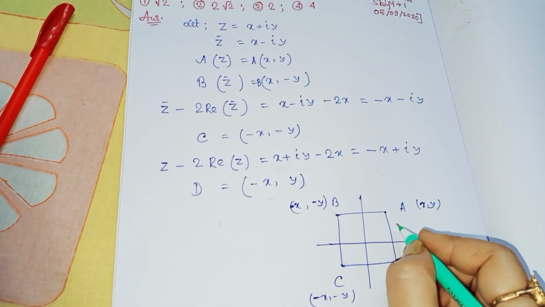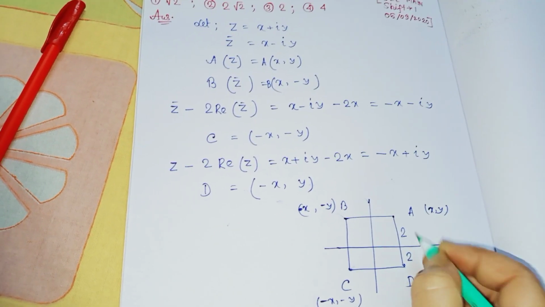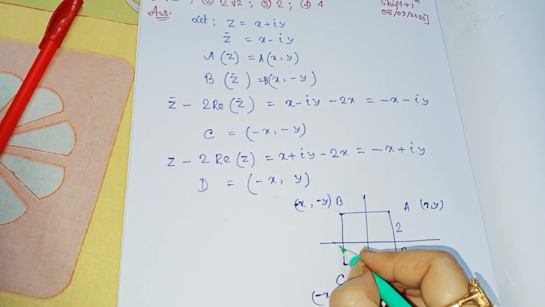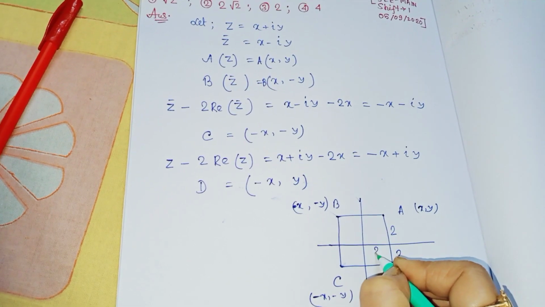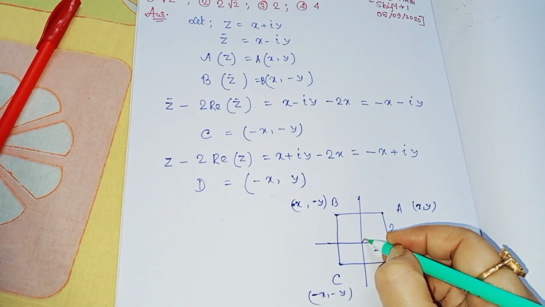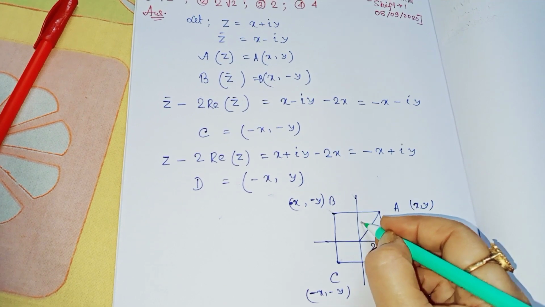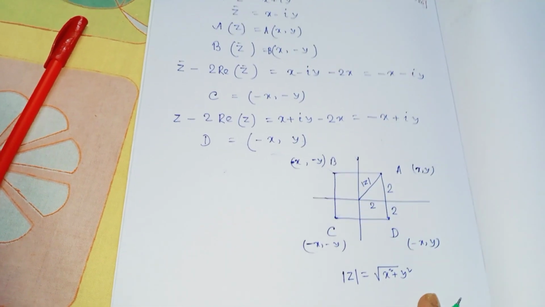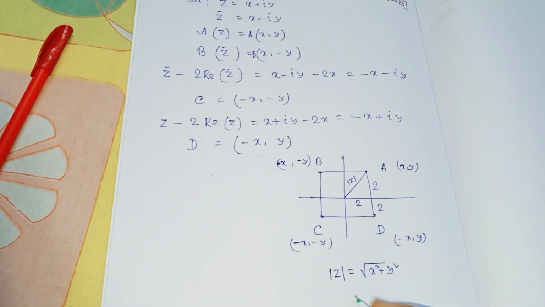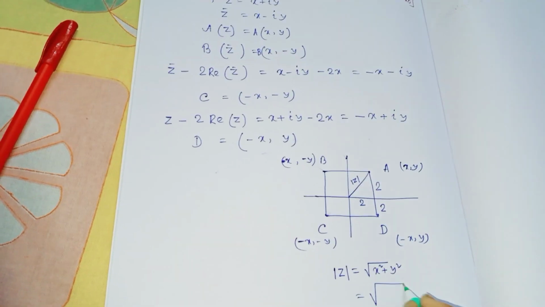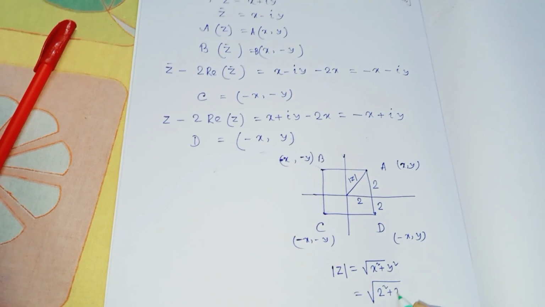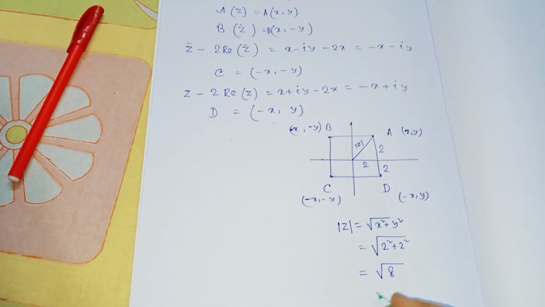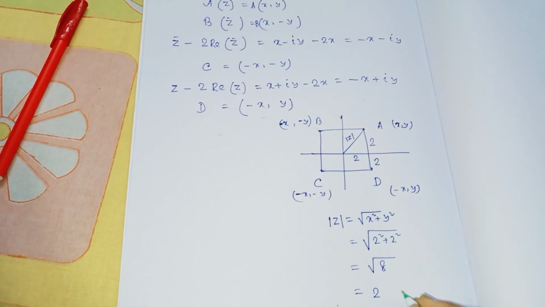So here it is given, it is 2 and it is 2, making 4 units, and as it is 2 here as well, it is also 4. And this one is mod z, and we know mod z is equal to root x square plus y square. So according to the Pythagoras theorem, we may write root over 2 square plus 2 square, that is equal to root 8. So root 8 is equal to 2 root 2.